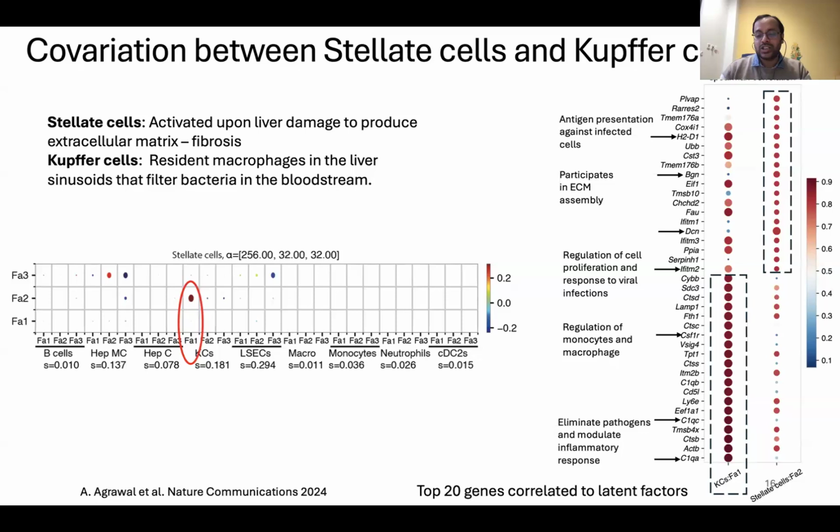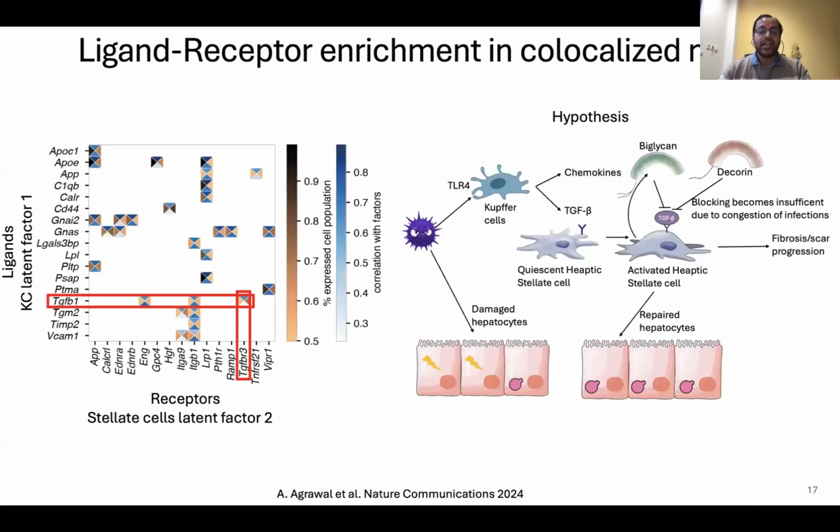Then the question is why these two gene covariates are connecting. And from this ligand receptor analysis, we found this TGF beta ligand in the Kupffer cell is interacting with the TGF beta receptor in the stellate cell.